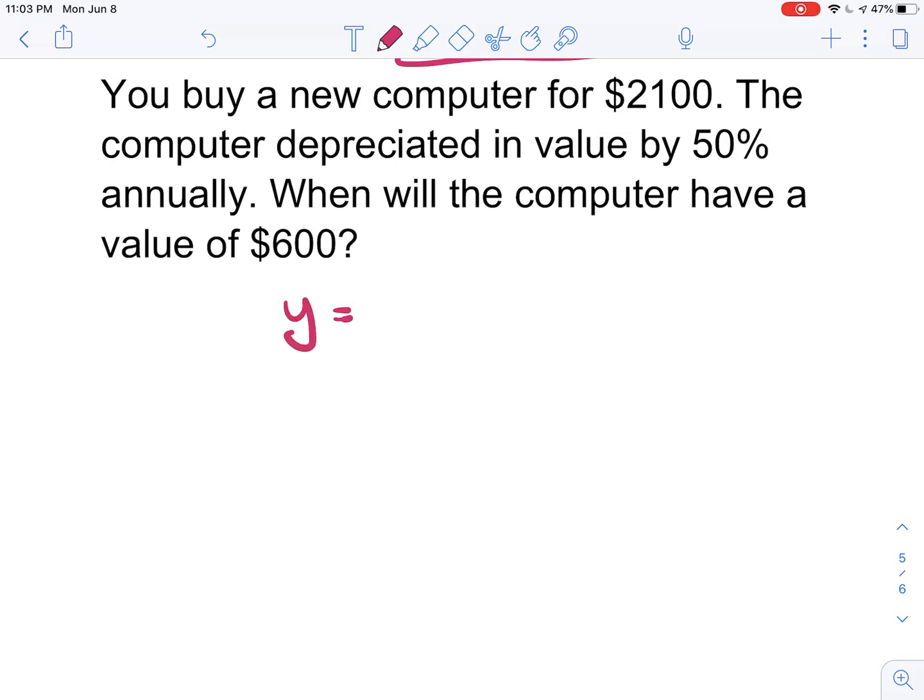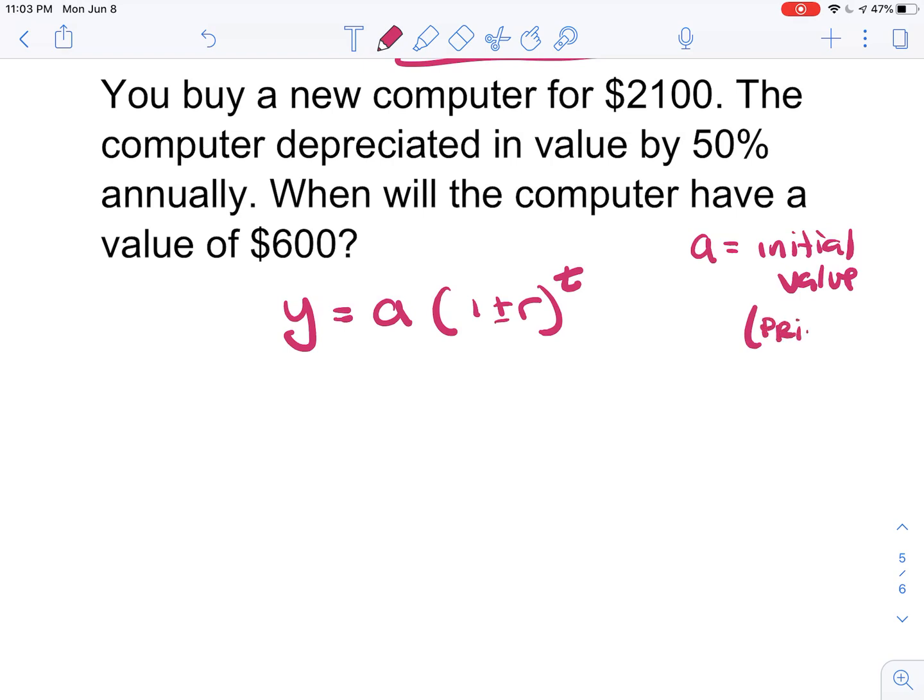Okay, so anytime we have this annual change or a certain percentage, we're going to be using the equation y equals a times 1 plus or minus r to the t. Where a is my initial value.